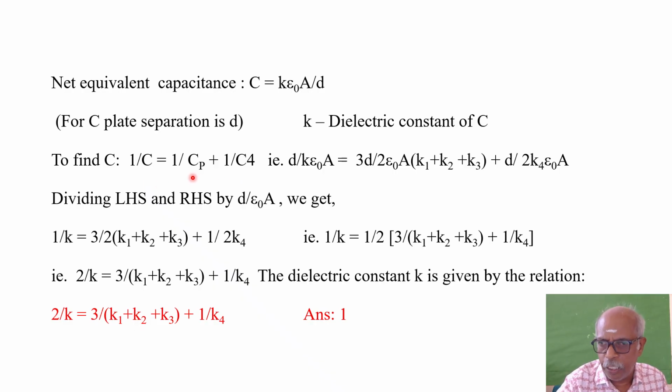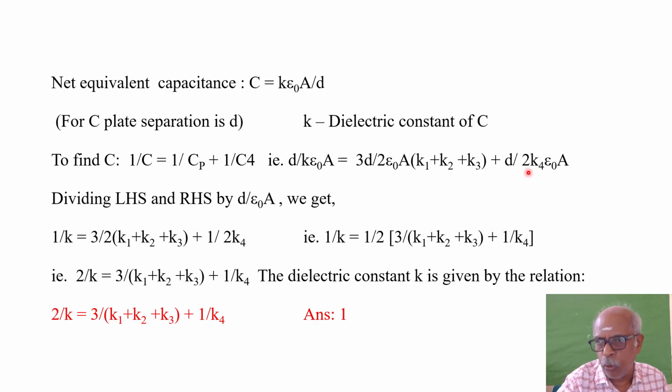1 by C is equal to 1 by Cp plus 1 by C4. So you know the value of Cp, then what is 1 by Cp? You just inverse it. D by K epsilon naught A is equal to, what is Cp? 2 epsilon naught A into K1 plus K2 plus K3 divided by 3D. What is 1 by Cp? You just inverse it. 3D divided by 2 epsilon naught A into K1 plus K2 plus K3. Plus, what about 1 by C4?